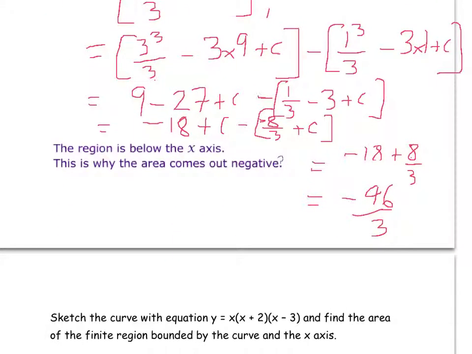So the area, in actual fact, is not minus 46 over 3. The area is actually 46 over 3, rather than being minus 46 over 3.